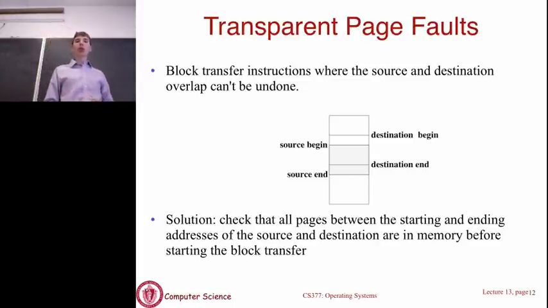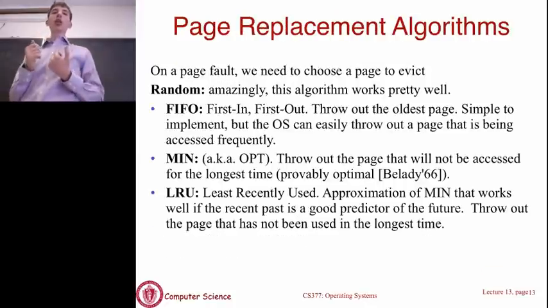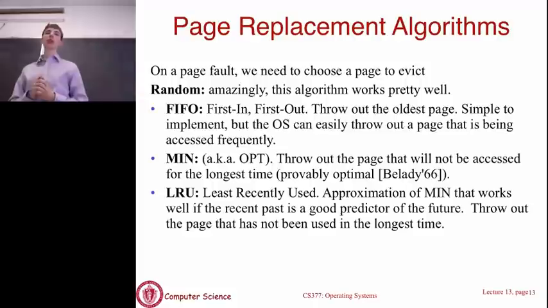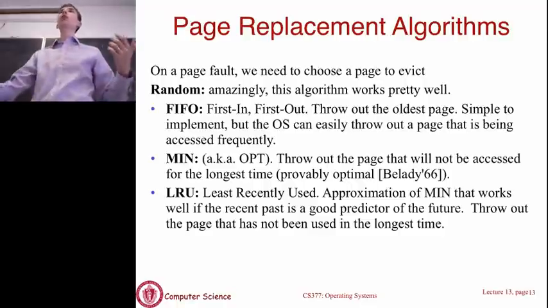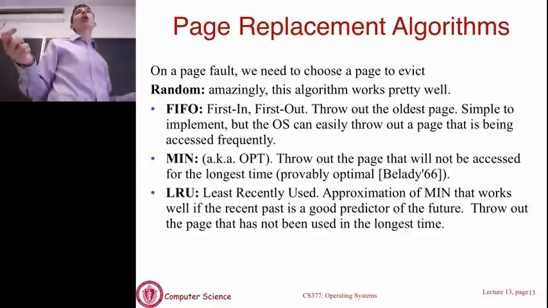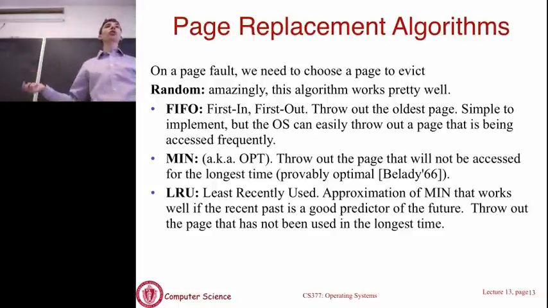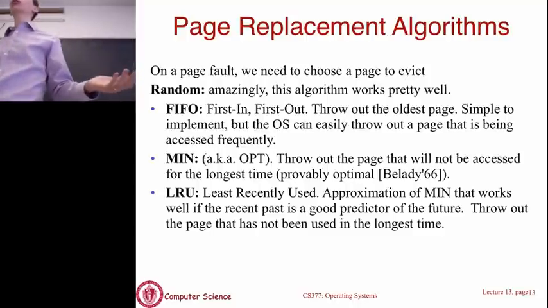So now let's talk about the major thing that I've mentioned a few times, which is how we actually want to choose pages to evict. Remember, you have a fixed amount of physical memory, and as you're requesting pages, you're bringing them in from disk into memory. And remember, you no longer have a restriction on how many pages processes might have, because you can store any amount on disk.